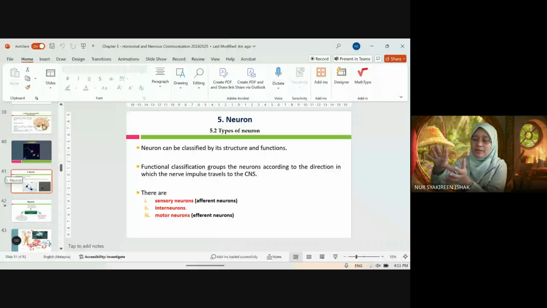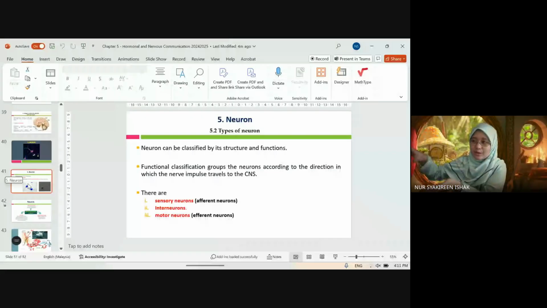Before entering the axon, we have the axon hillock. The axon is covered with myelin sheath. The cells of the myelin sheath, we call Schwann cells. There are gaps between the Schwann cells of the myelin sheath.